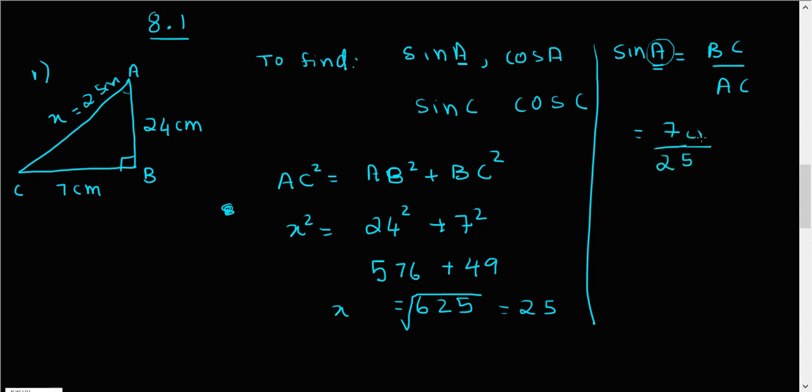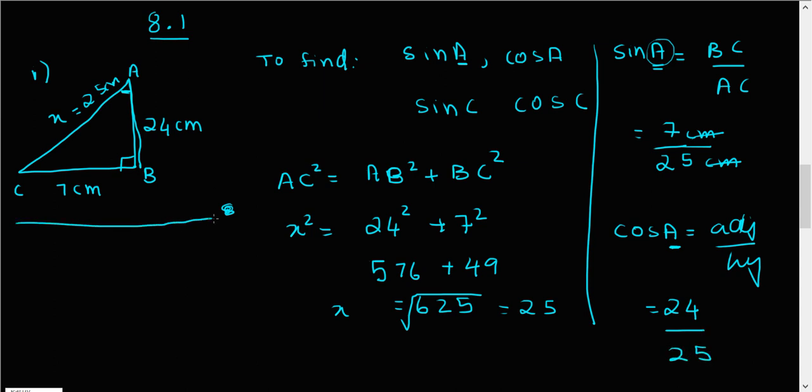See, ratios never have any units because when I'm talking about ratios, the units have to be the same so that they cancel out. Ratio doesn't have any unit. Cos A. So it is, I know, adjacent by the hypotenuse. Adjacent side to angle A. So this is my angle of reference, so this is the side adjacent. So that would be 24 by 25.